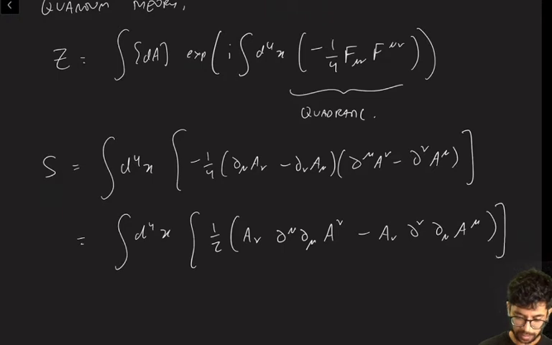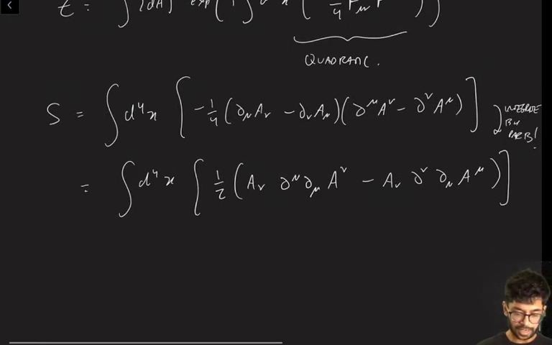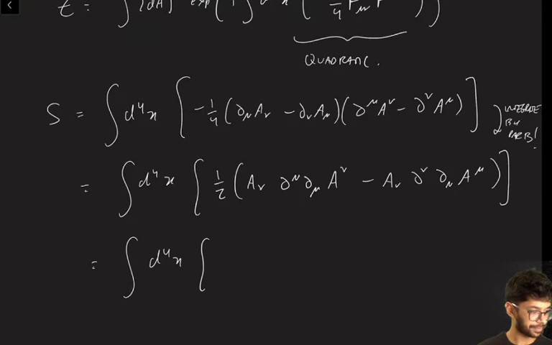Okay. Where to go from here to here, what I did was I combined terms and then integrated by parts. Okay. And finally, I can write this in a sort of more aesthetically pleasing way.